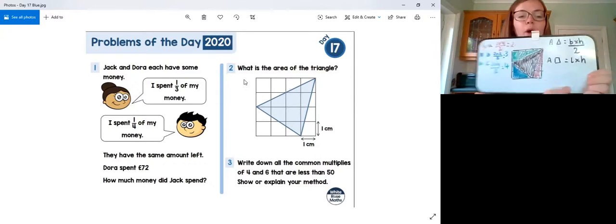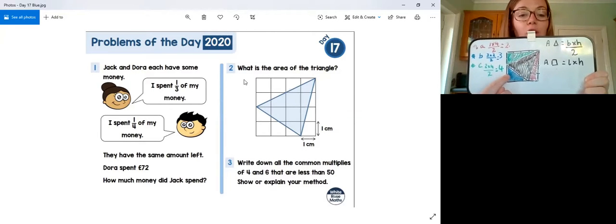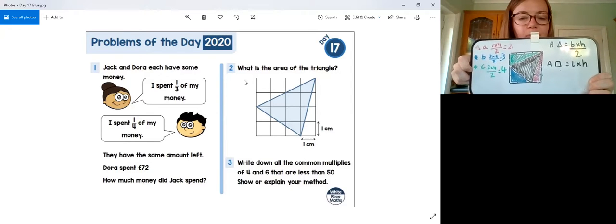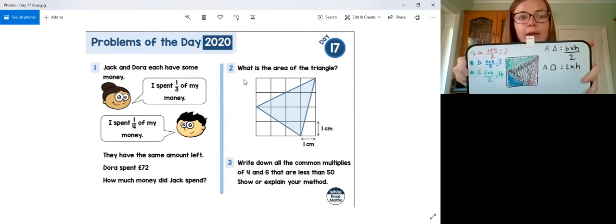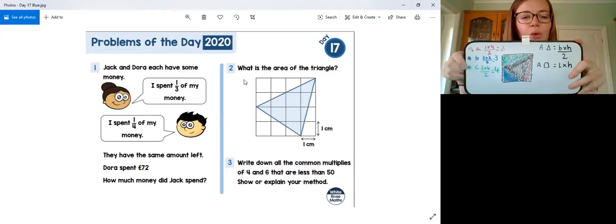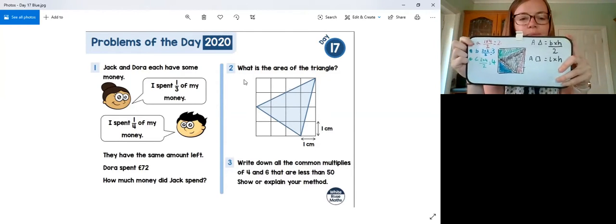So we have now worked out the red section has an area of 2 centimetres squared. The blue section has an area of 3 centimetres squared, and the green section has an area of 4 centimetres squared. Now, some of you might have jumped to the next step and seen how this is useful, but we have to remember that the question actually asks us for the black bit, not the red, green or blue bit.